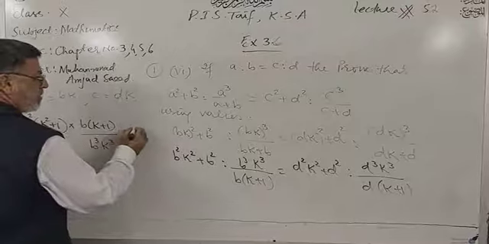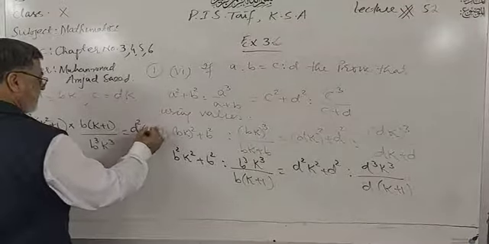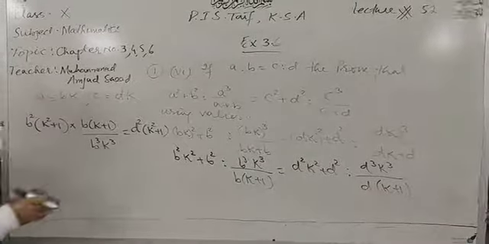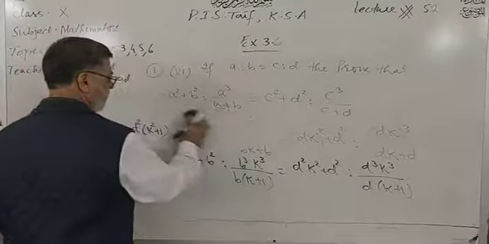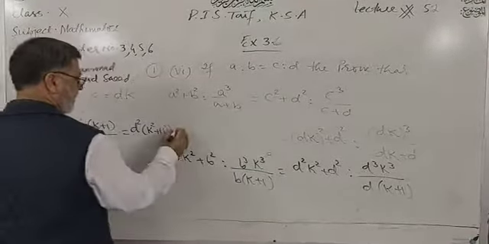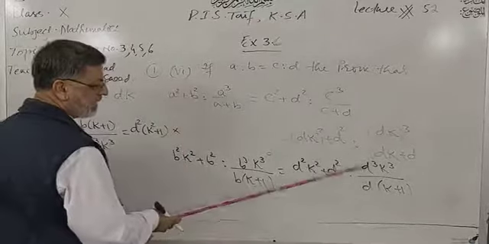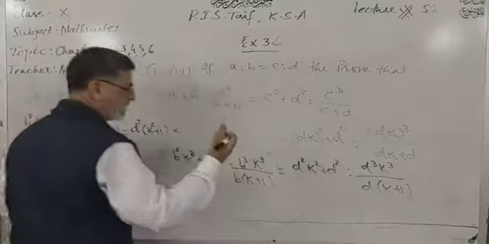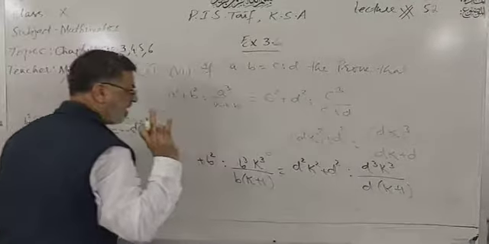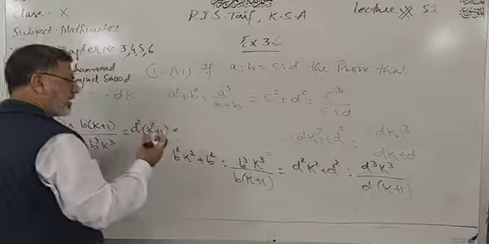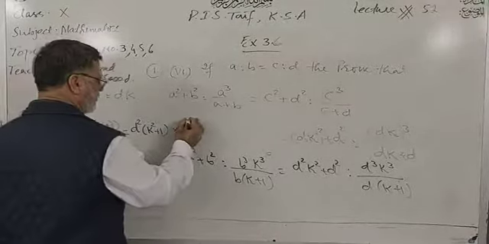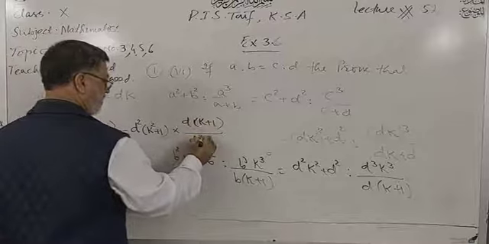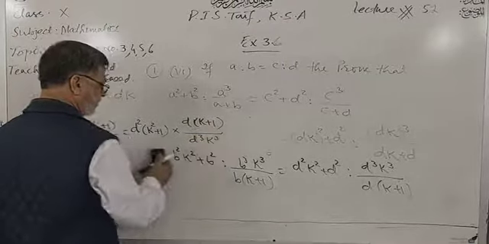That will be equal to d square into k square plus 1. Similarly, ratio means over, so this is division. Division means you can convert it to multiplication by the reciprocal: d into k plus 1 over d cube k cube.